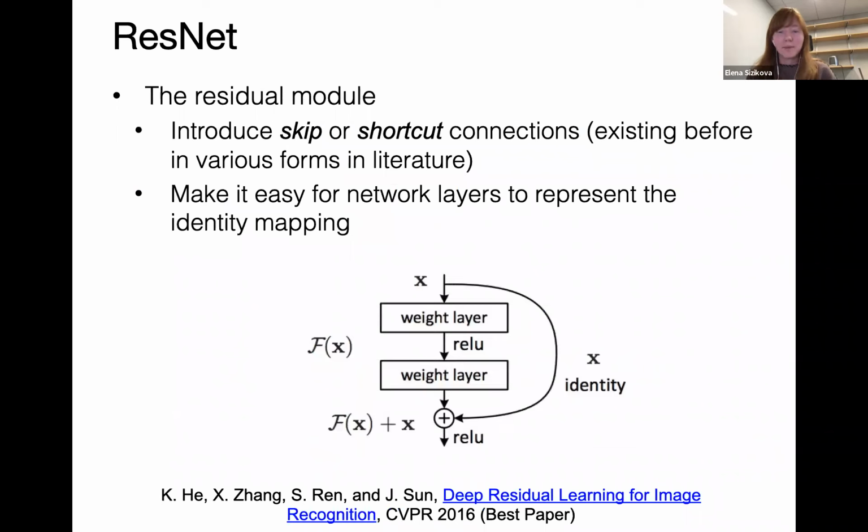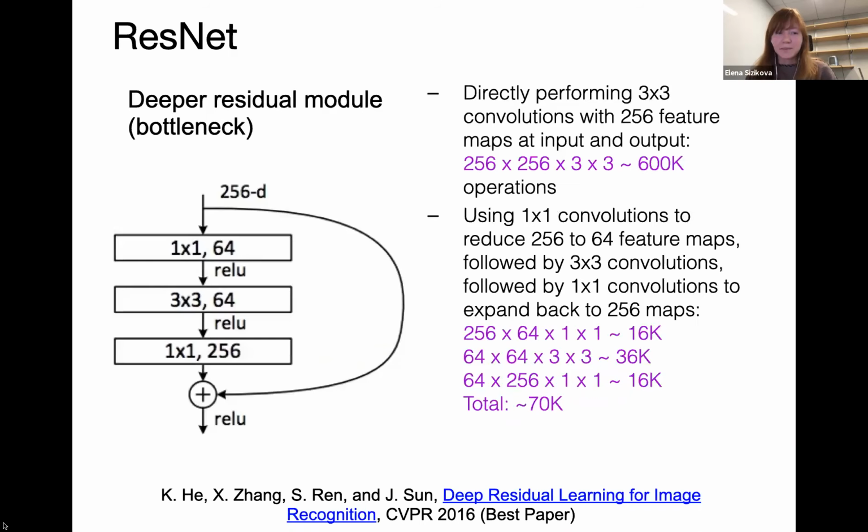Another type of architecture is ResNet, and the idea here is that you have skip connections, so you not only obtain a feature map, but you combine it with your input image or input feature map, so that we can essentially represent identity mapping.